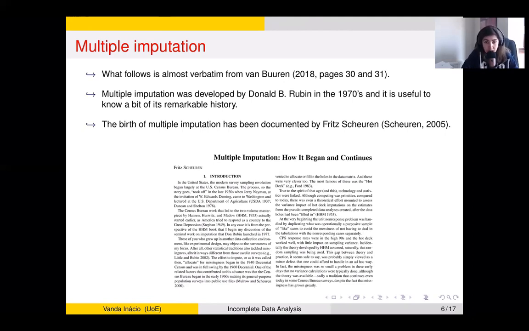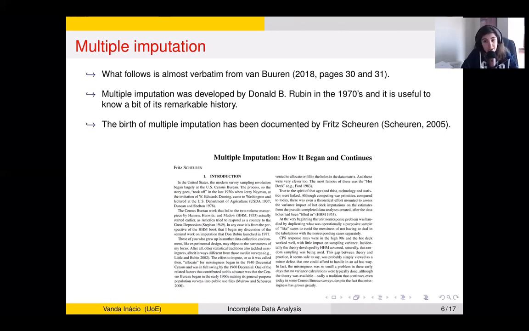Multiple imputation was developed by Don Rubin in the 70s, and its birth has been documented by Fritz Scheuren. It looks like a German name, but the person lives in the US.